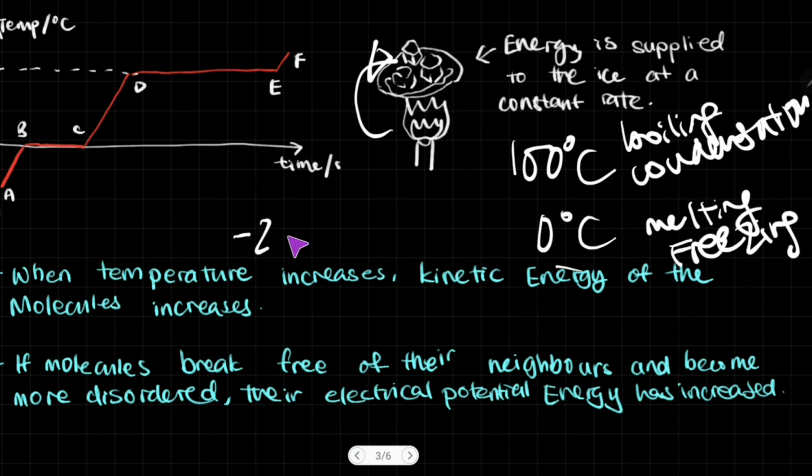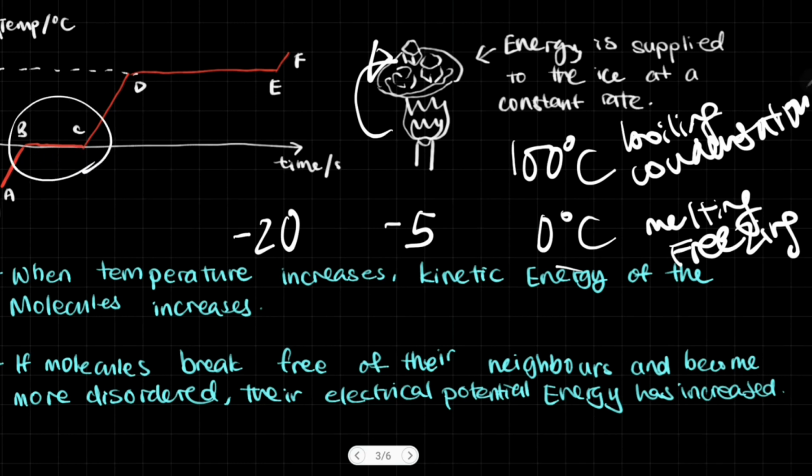For example, negative 20 degrees ice to negative 5 degrees ice. It doesn't grow bigger by a huge amount. It doesn't expand that much. And what that means is that nearly no energy is being supplied so that it's doing work against the attractive forces. Not a lot of change happens to the potential energy of the ice.